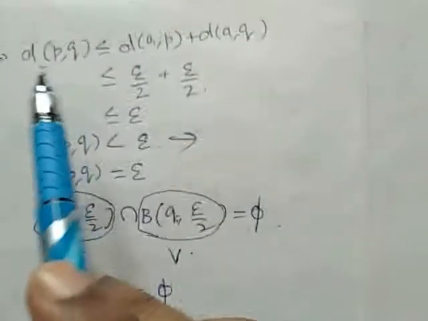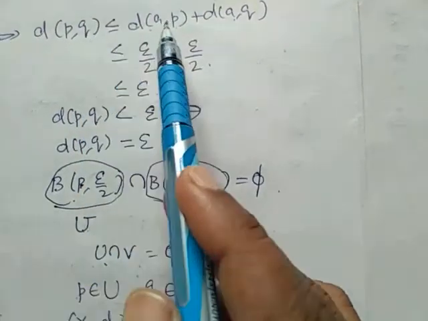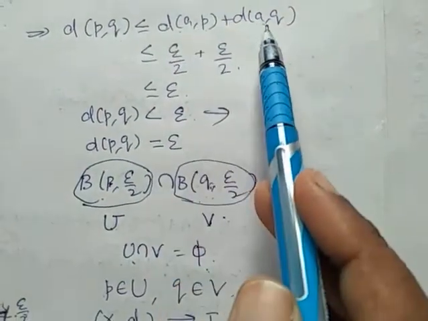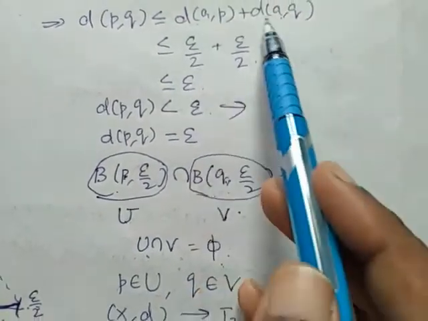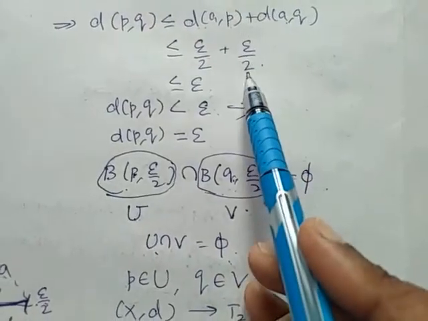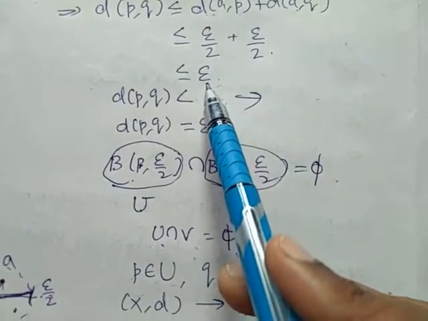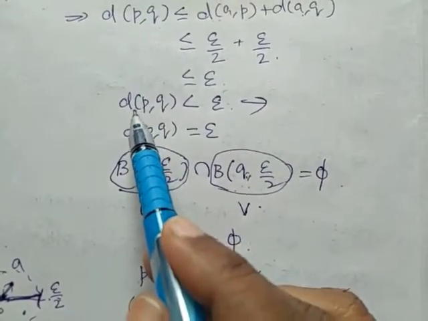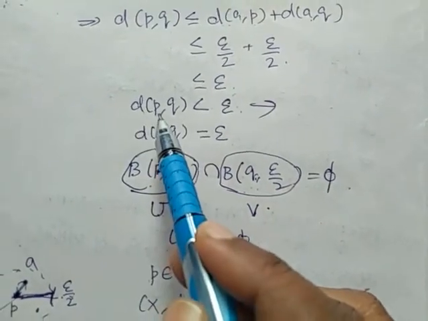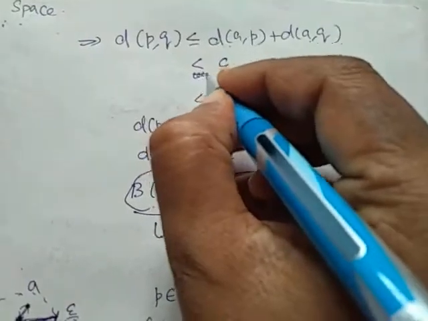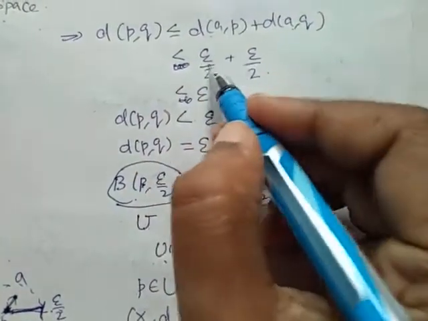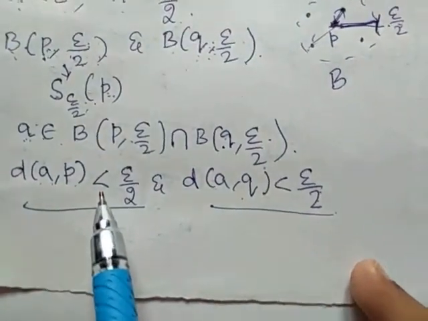So we have d(P, Q) is less than or equal to d(A, P) plus d(A, Q). This distance is epsilon by 2, this distance is epsilon by 2. When we add these two, we will get epsilon. So we end up with d(P, Q) less than epsilon by 2 plus epsilon by 2, because this is strictly less than epsilon by 2.